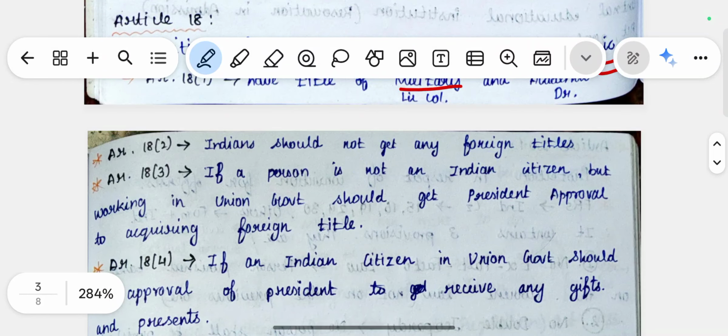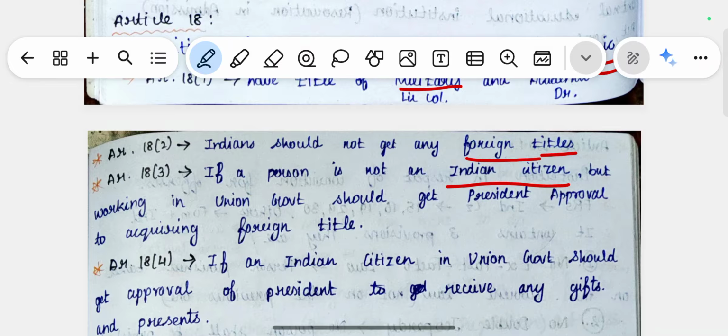According to Article 18 Clause 2, an Indian citizen should not get any foreign titles. Indians do not have the right to get any titles from foreign countries. Article 18 Clause 3 talks about a person who is not an Indian citizen but is working under the union government, who has to get approval from the president to acquire any foreign title.